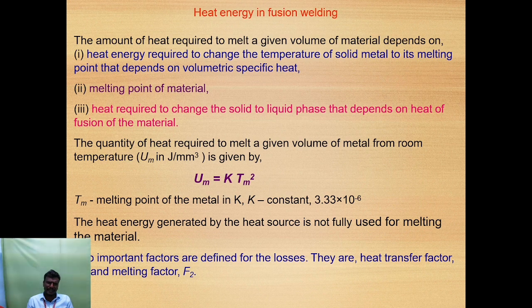And next one, the heat energy in fusion welding. The amount of heat required to melt a given volume of material depends on, first, the heat energy required to change the temperature of the solid metal to its melting point, which depends on volumetric specific heat and the melting point of the material; and second, the heat required to change the solid to the liquid phase, which depends on the heat of fusion of the material.